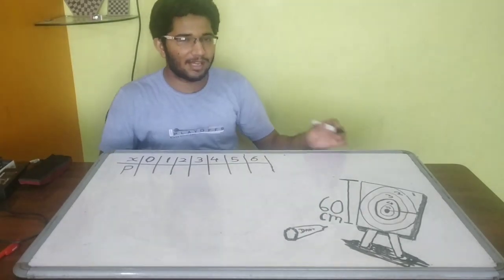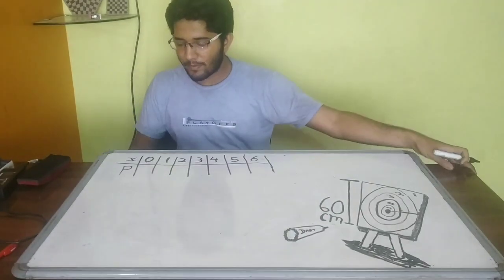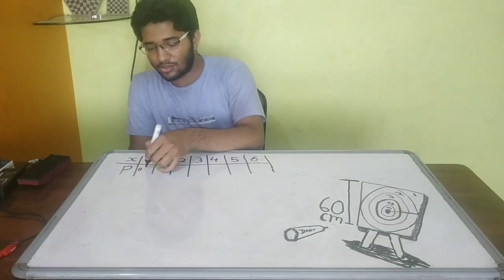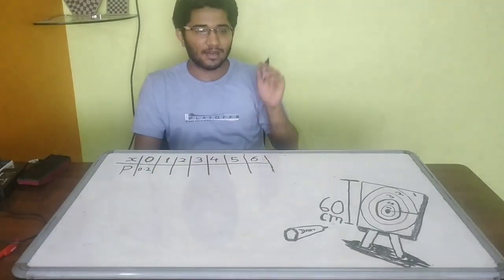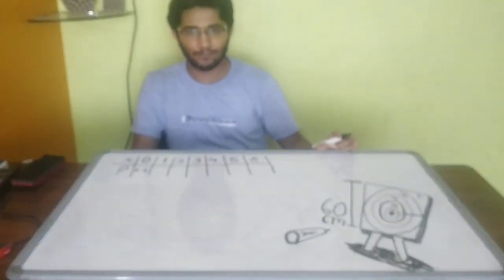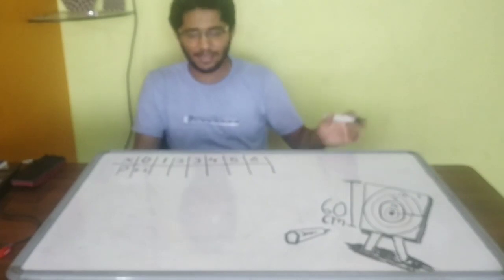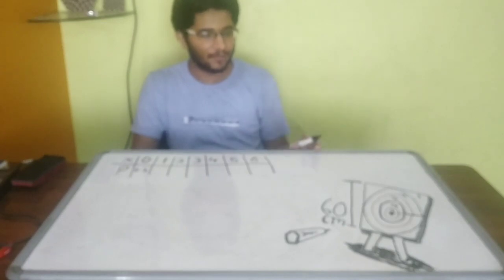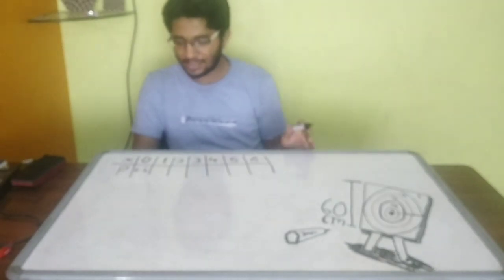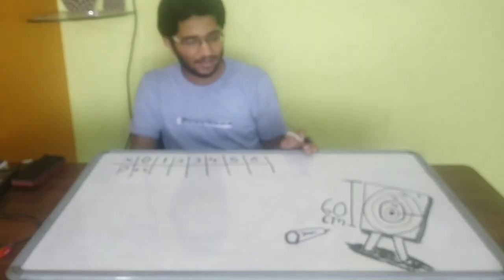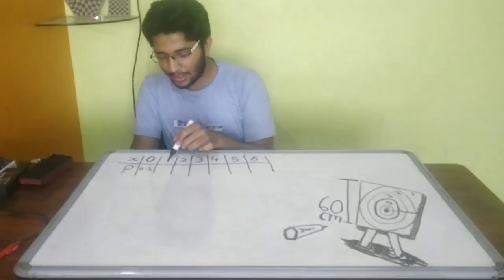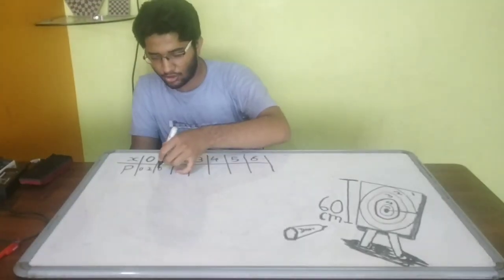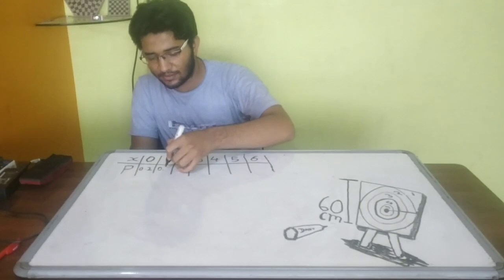Now we will just imagine the probabilities. The probability of getting 0 score is, let's say, 20%. There is a 20% chance that our throw will go outside the board, and it can happen because of the direction or speed of air or any disturbances. Now the probability of getting 1 is, let's say, 0.3, that is 30%.